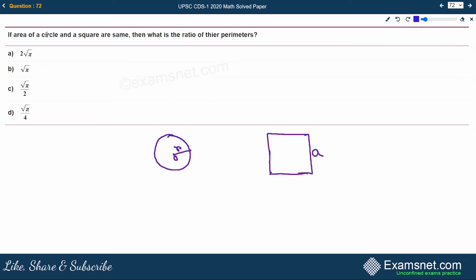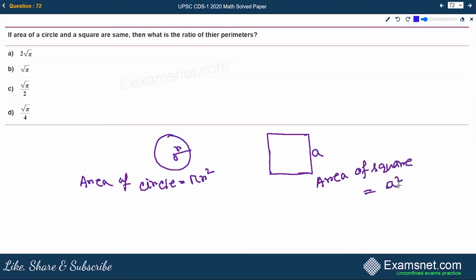Now the area of the circle, the formula for finding the area of a circle, is pi r square, and the area of a square is a square, side into side.